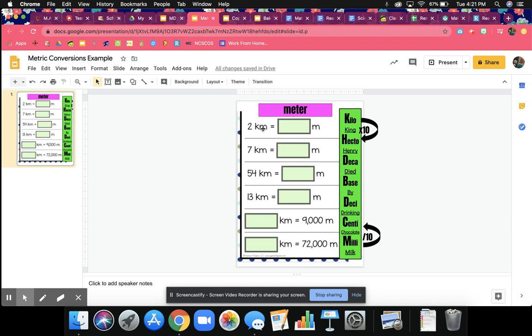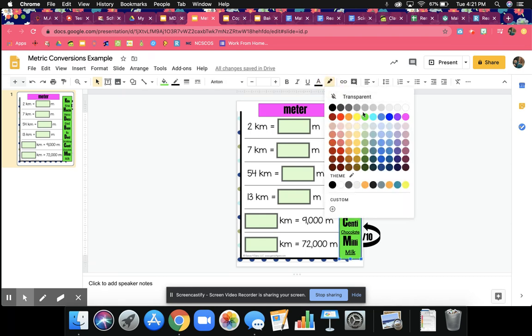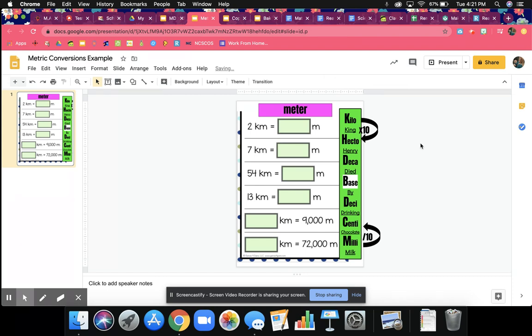We have 2 kilometers. So we want to know how many meters are in 2 kilometers. So your base is what we're looking at. Your base is meters. You want to find the base. So you have 2 kilometers. So kilo is right here. So every time you go to the next one, you want to multiply by 10.